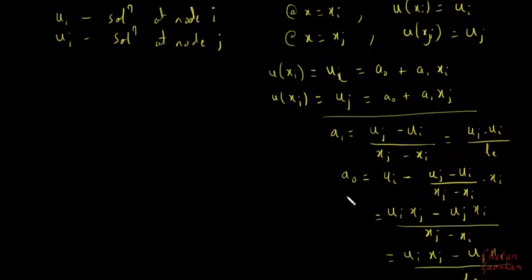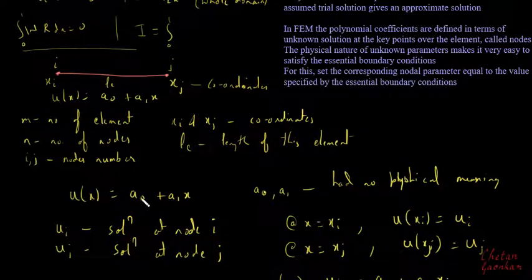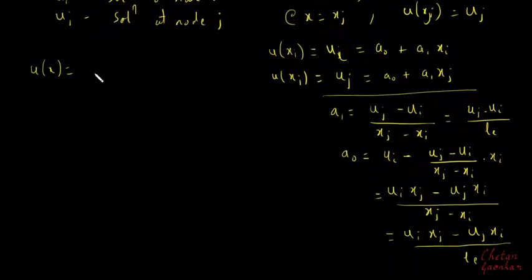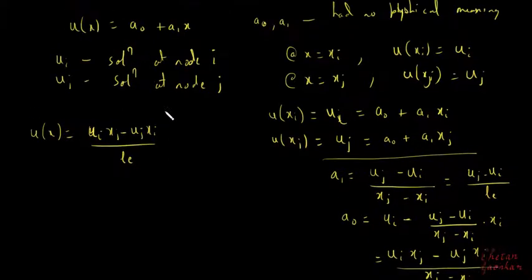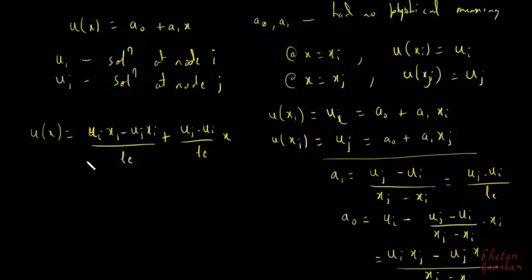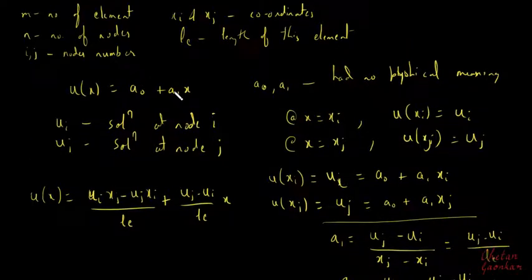So we have been able to find the values of these constants a0 and a1. If I substitute them back here, a0 is ui xj minus uj xi divided by le, plus a1, which we have got as uj minus ui by le, times x. Now I need to do some mathematical manipulation, some readjustment, because I want this in terms of ui and uj.